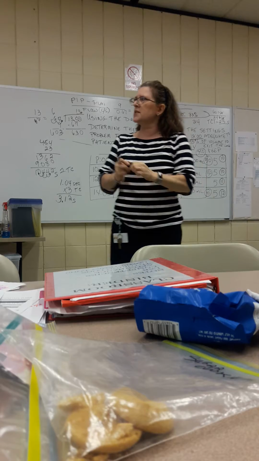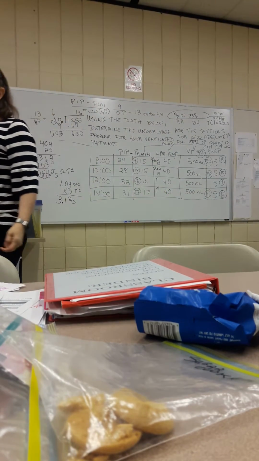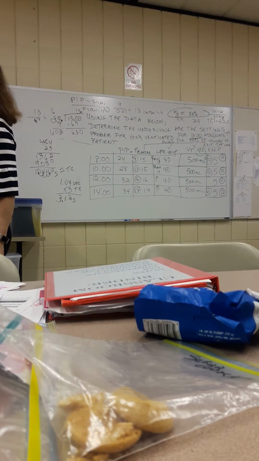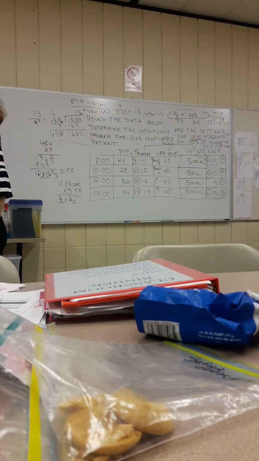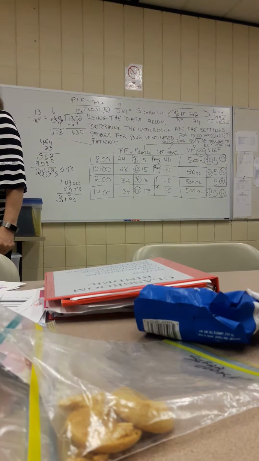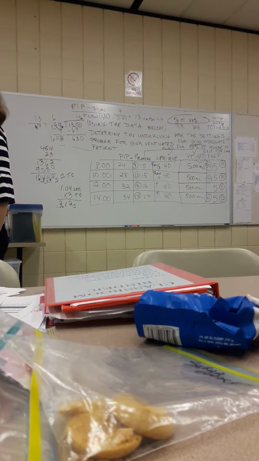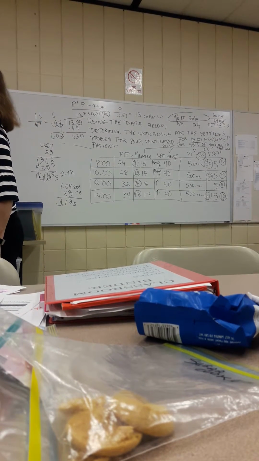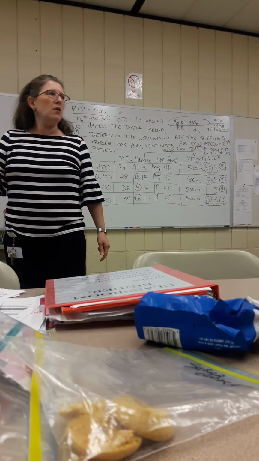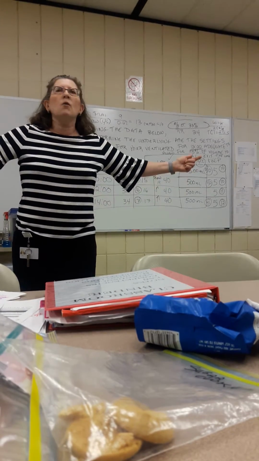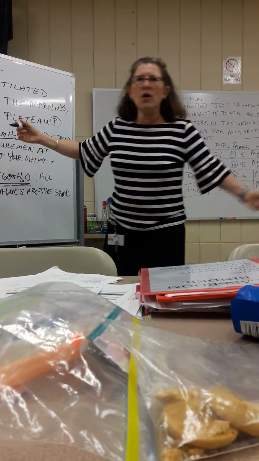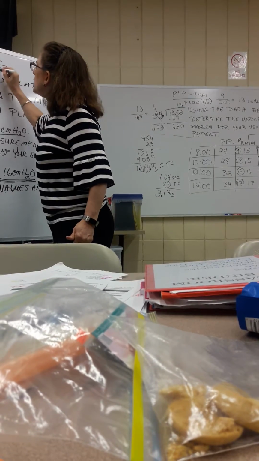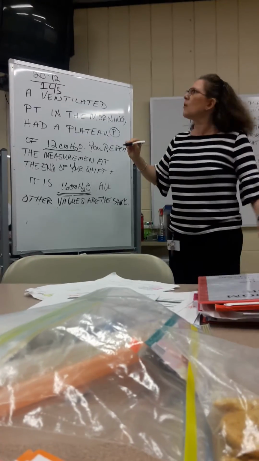So everything else is the same. If my PIP is the same, let me use 20. Here's 20 of PIP, and my plateau at this time was 12. And I'm going to divide that by flow. Make it easier: 1 liter per second, which is 60 liters per minute, okay?